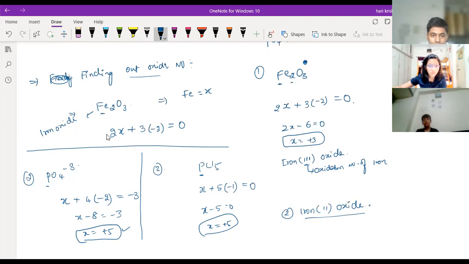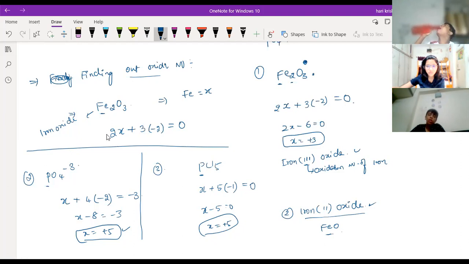FeO. Very good. The answer will be FeO. Like that you have to understand. All are iron oxides only, but the formula is different, right? Iron 2 oxide formula is FeO. Iron 3 oxide formula is Fe2O3.